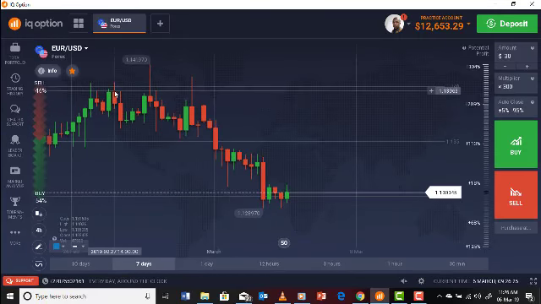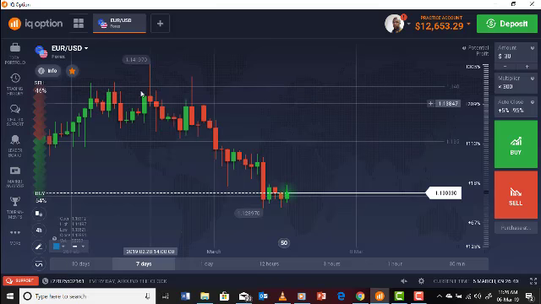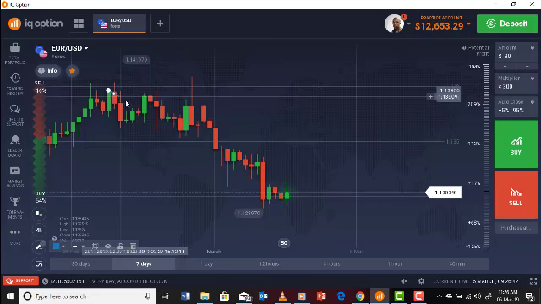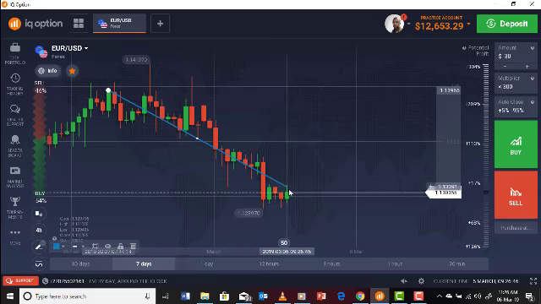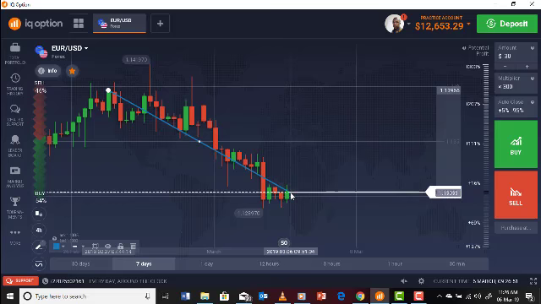Now, putting this into practical, it takes a lot of practice to draw a trend line, especially a valid trend line that will guide you to which side the market is gonna go. So, for instance, if I start to draw my trend line from this candle right there, and take it down here, it's not really a trend line.